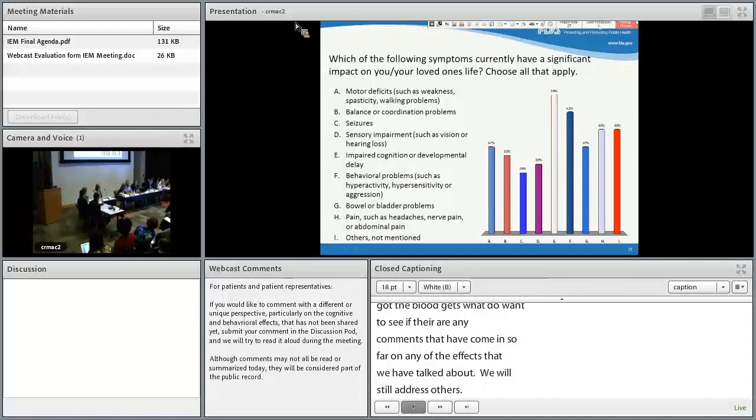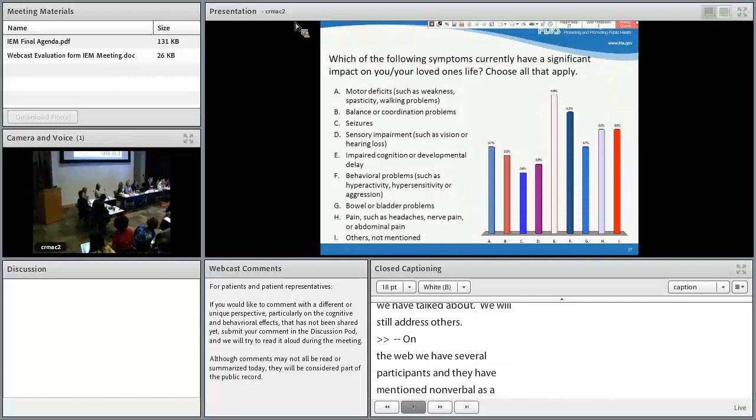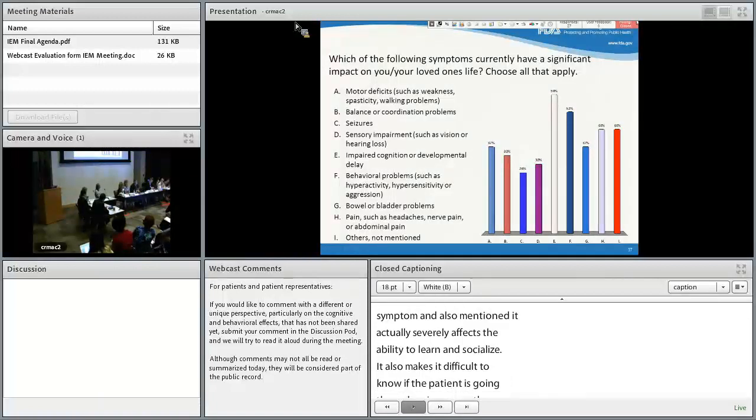So on the web, we have several participants, and they've mentioned nonverbal as a symptom, and also mentioned it actually severely affects the ability to learn and socialize. And it also makes it difficult to know if the patient is going through pain or any other symptoms.